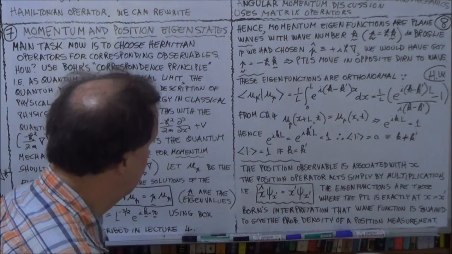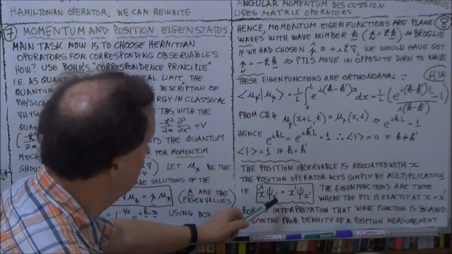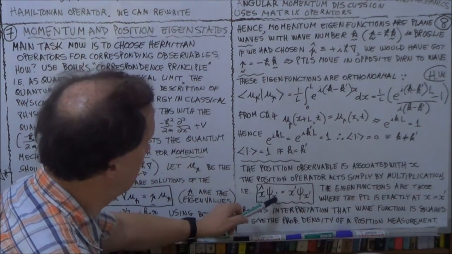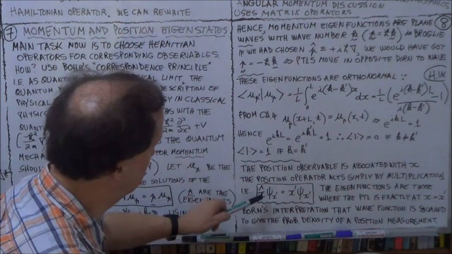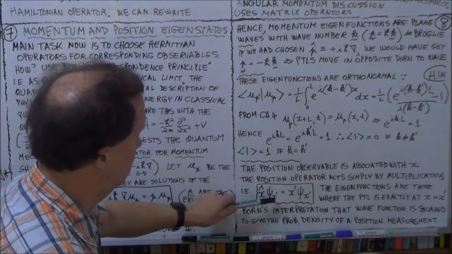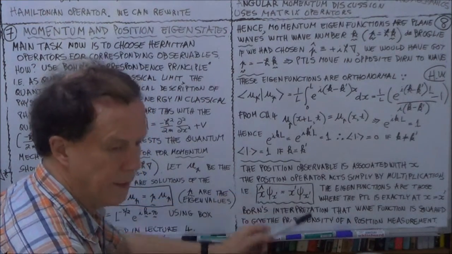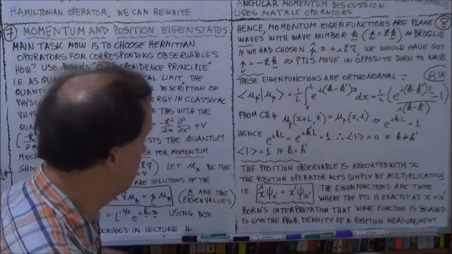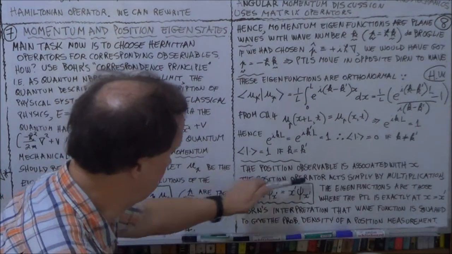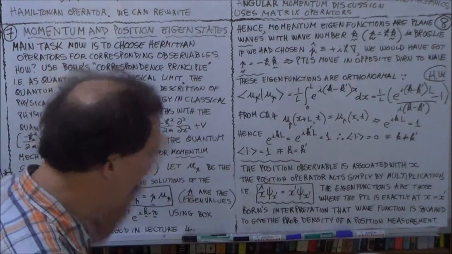So if this is the eigenfunction corresponding to the eigenvalue x', position operator, position eigenfunction, and position eigenvalue would just be x'. So then presumably this is the form it will take.